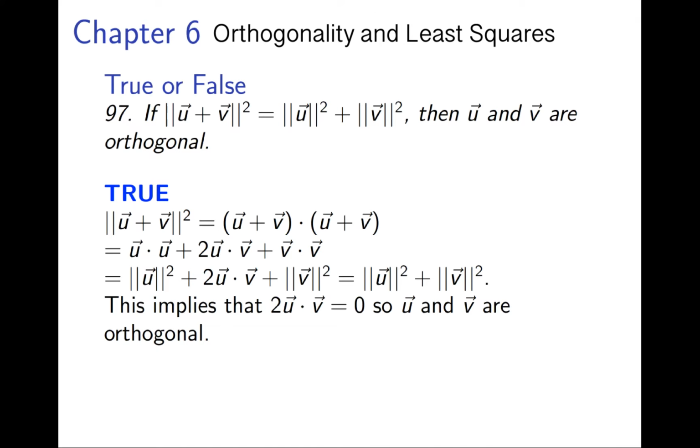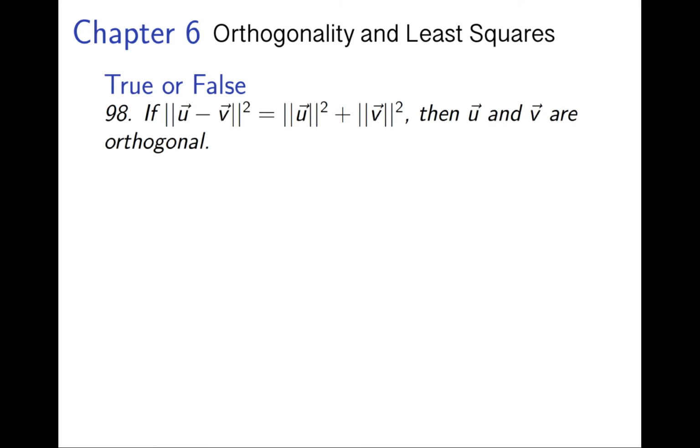And this is equal to the length of u squared plus 2 u dot v plus the length of v squared. And we're saying that's equal to the length of u squared plus the length of v squared. You could subtract off the length of u squared plus the length of v squared from both sides, and you're left with 2 u dot v equal to 0, which means that u dot v equals 0 and u and v are orthogonal.